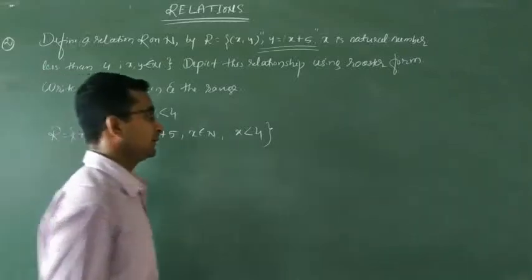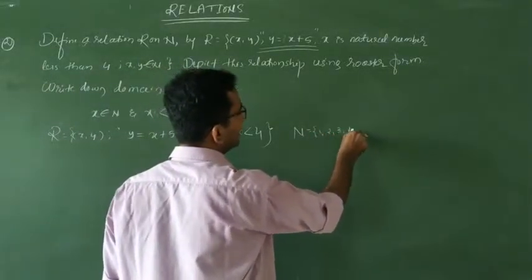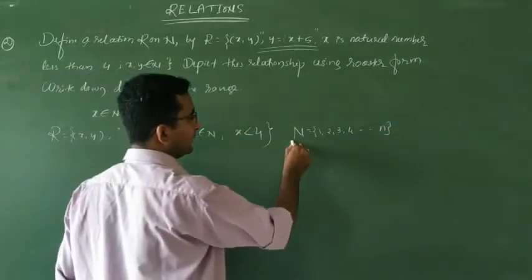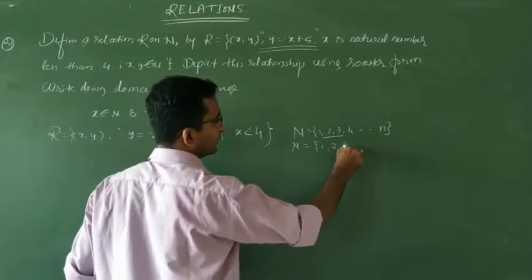Natural numbers start from 1, 2, 3, 4 up to n. The natural numbers which are lesser than 4, what comes? That is 1, 2, 3.